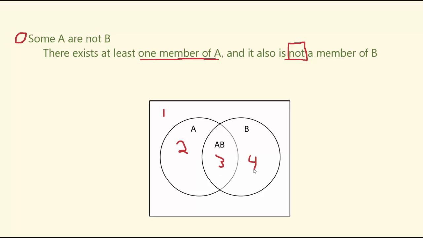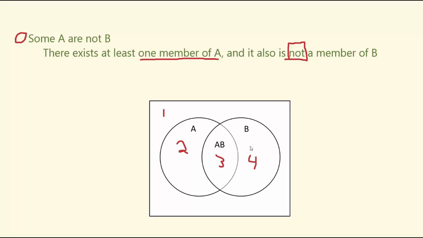Well, again, I can't put my X in area 1, because those are non-A's and non-B's. I can't put my X in 3, because this says there's one member of A that is not a B, but to put an X in 3 would be to commit myself to something as both an A and a B, but that's not what our categorical proposition says.